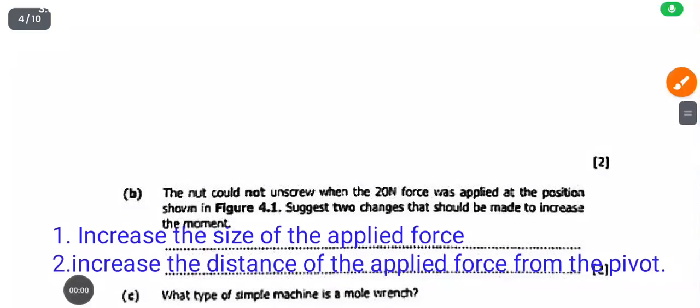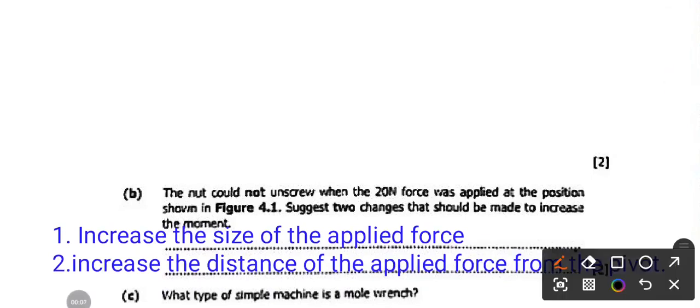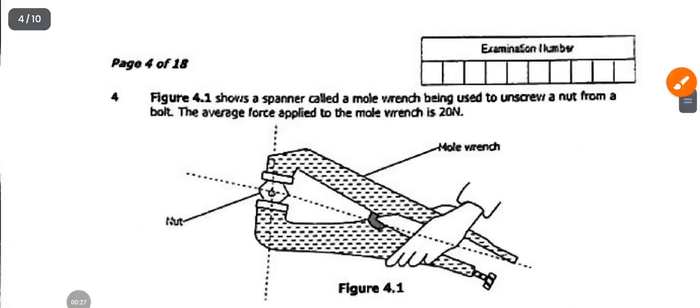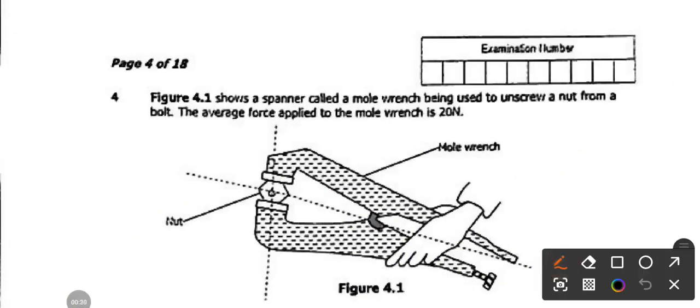Question C. What type of simple machine is a moment? A moment is a type of simple machine called a lever. Because if you remember the definition of a lever, a lever is a rigid bar that turns about a fulcrum, and this is very closely related to how a Moore wrench works.